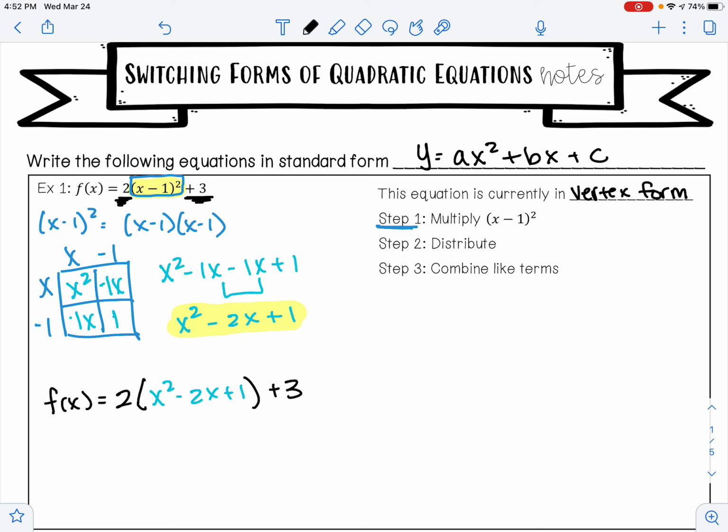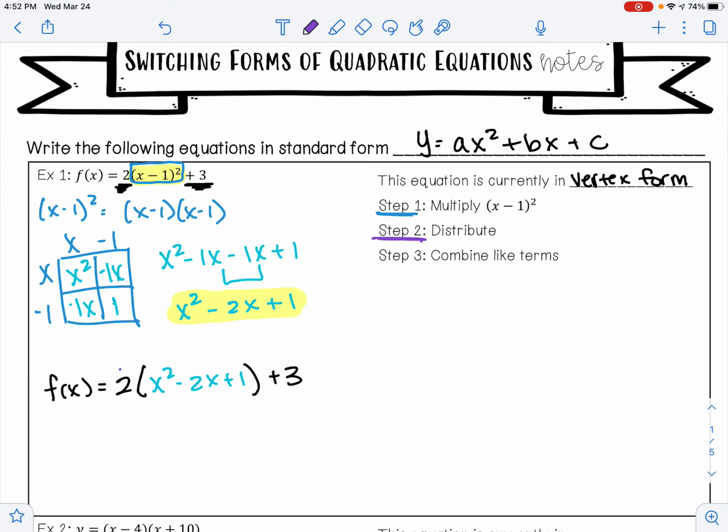Step 2 is to distribute. So now I can go ahead and distribute this 2 to everything inside the parentheses. And so I'll have f of x equals 2x squared minus 4x plus 2. And then I'm going to bring down my plus 3.